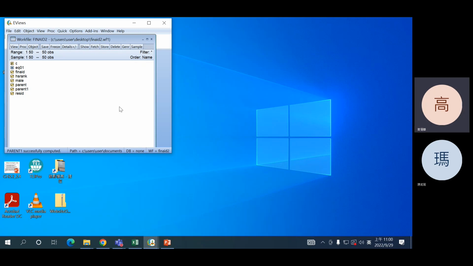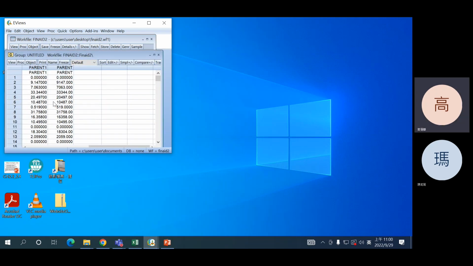If you go back to see the original data, this parent 1 is now in $1,000 as the measurement unit. You can run the regression again, replace parent with parent 1, and see the coefficient. How does the coefficient change?